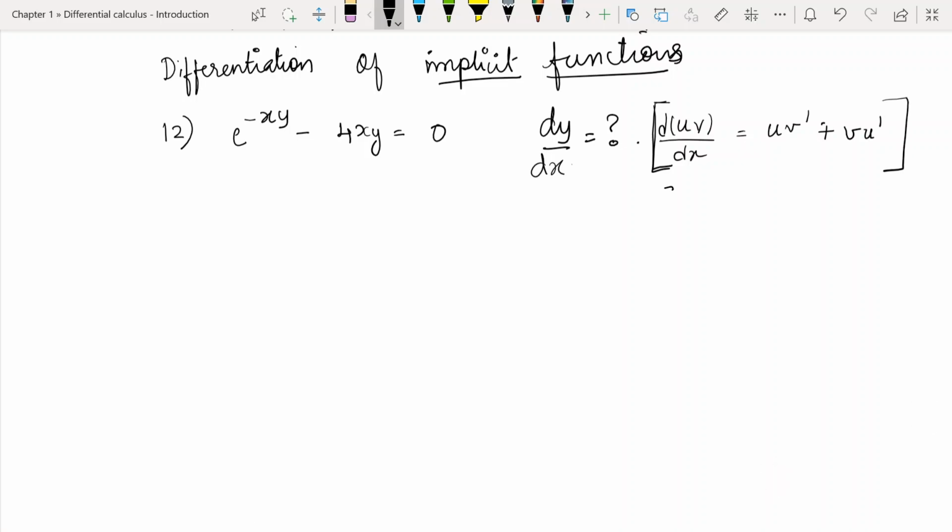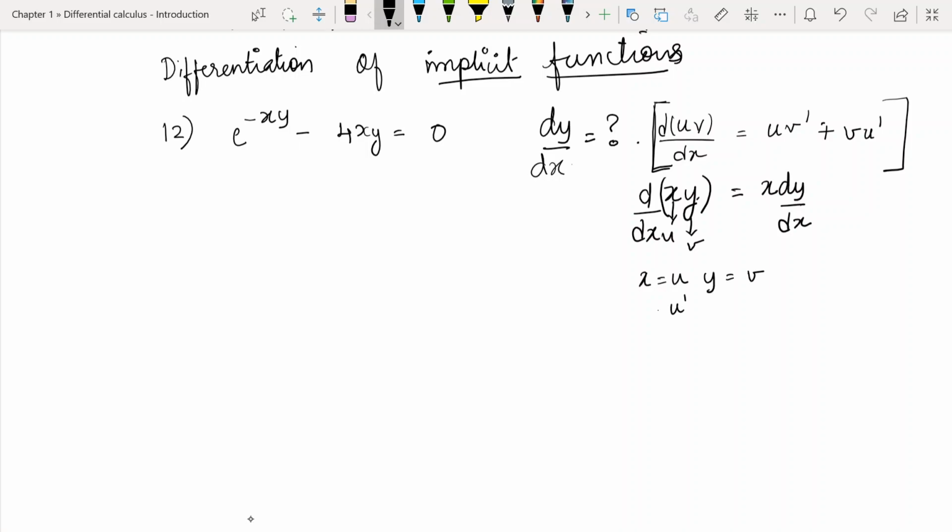Now in this case we have xy as the function. This is your u and let's say this is your v. Okay, so we are finding the d by dx of this particular function. How do we do this? u v dash is y. Differentiation of y is dy by dx. If it is difficult for you to visualize, let me write here. x is your u function, y is your v function.